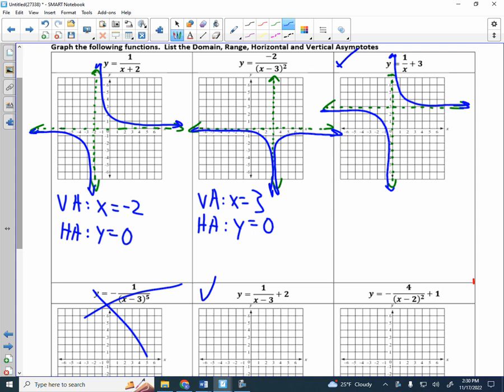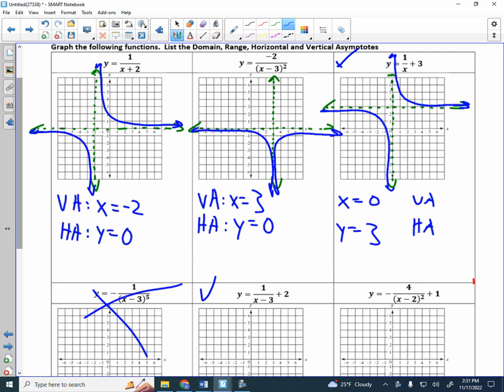Okay, so for this one, you should have just shifted up 3. So x equals 0 is your vertical asymptote, and your horizontal asymptote should be y is equal to 3. Notice how this number on the end always ends up being that horizontal asymptote, doesn't it? And notice how wherever the vertical asymptote is, that's where the function is undefined.